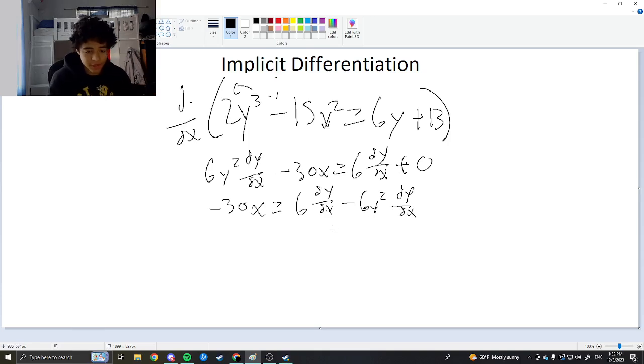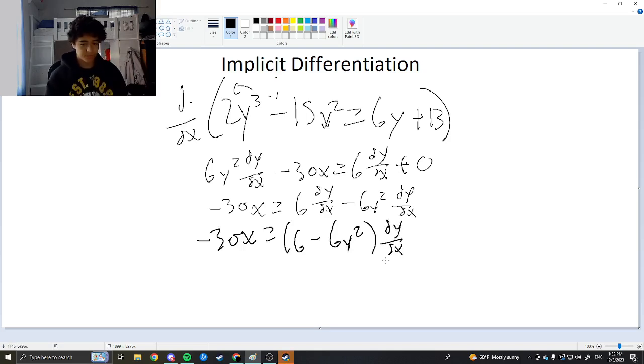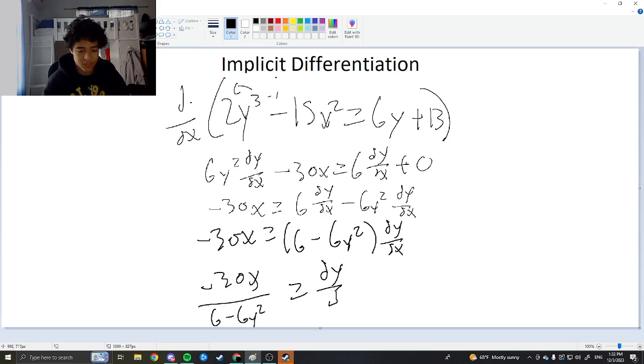That'll give you negative 30x equals 6 minus 6y squared, times dy dx. And then you're so close to having dy dx by itself. Treat it like a variable. So what you want to do is divide both sides by 6 minus 6y squared to get it by itself, and you'll end up with negative 30x over 6 minus 6y squared equals dy over dx.